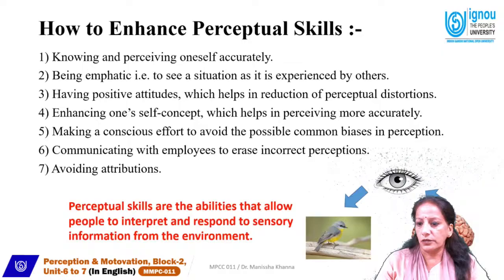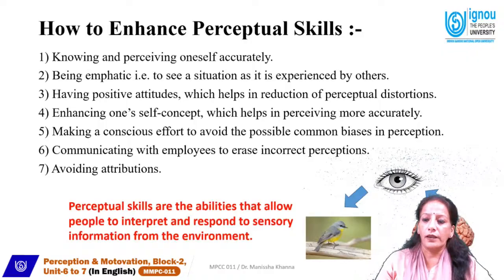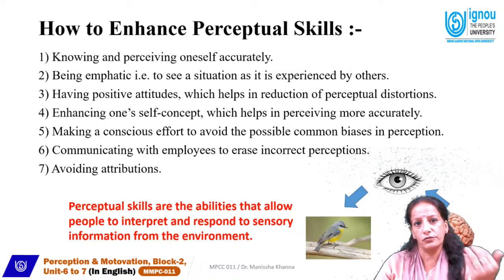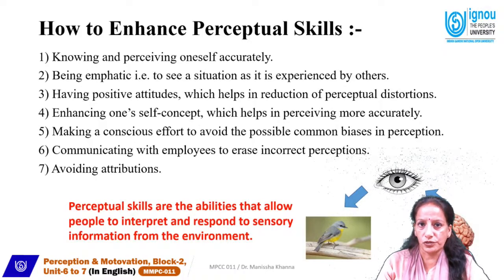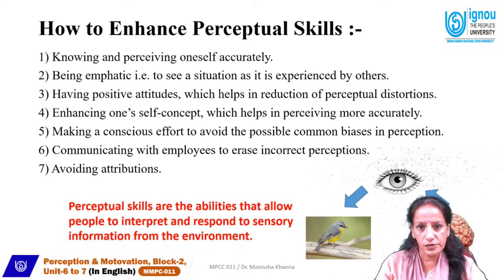In the figure, vision is a sense organ, and the brain gets a signal after seeing through our eyes, and we are able to identify that particular bird or the situation the bird is in, whether in an open environment or in a cage.